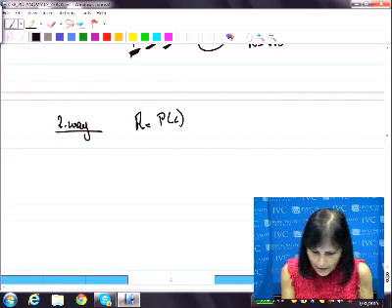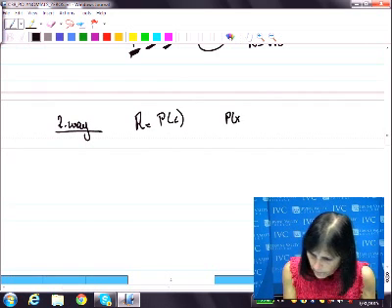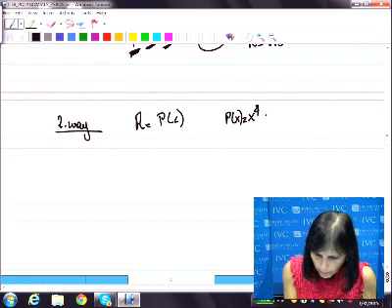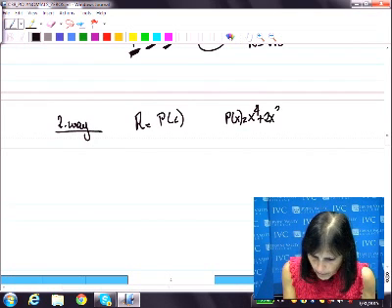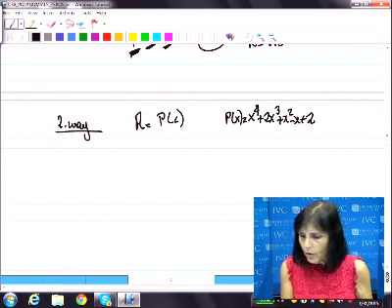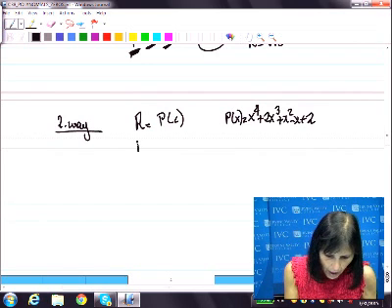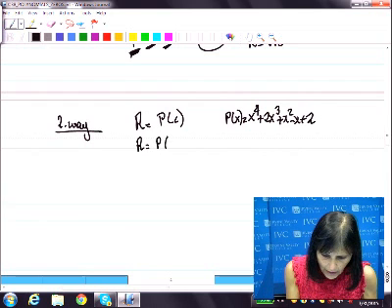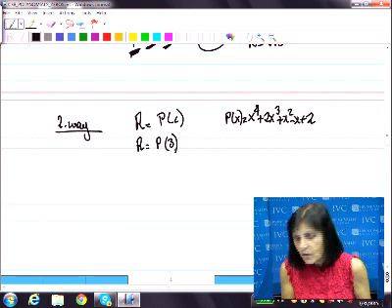And I know what my P is. P was x to the 4th plus 2x cubed plus x squared minus x plus 2. According to the remainder theorem, R is simply going to be P at 3 because C is 3 right now.